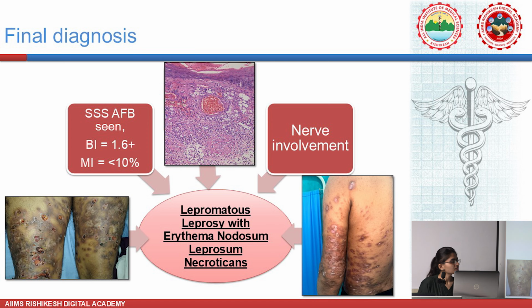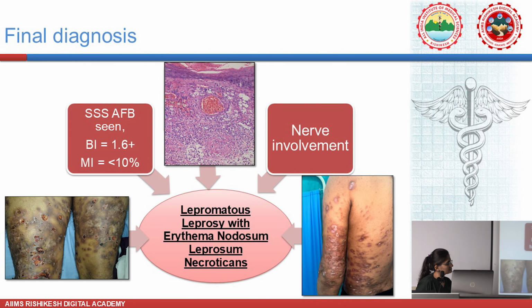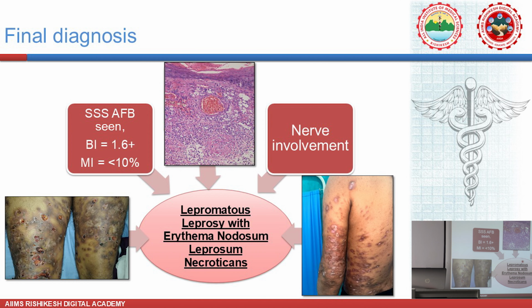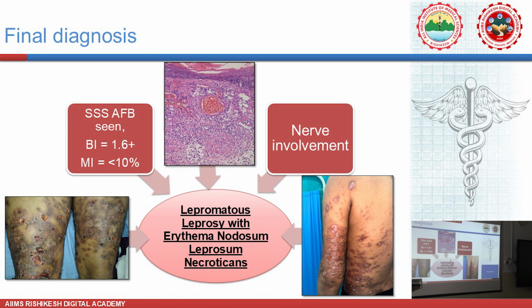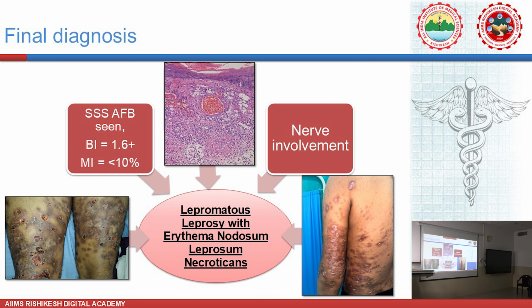So, a couple of questions. I'm sorry I'm interrupting you. How do you explain ENL without treatment? That was a point against. And can one patient have both things happening simultaneously? Sir, ENL can present in untreated cases as well, cases have been reported.